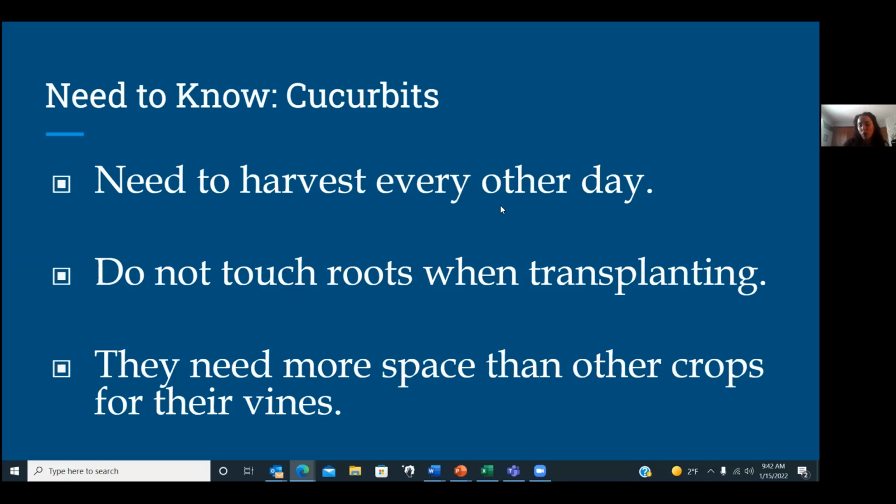So how do you know if it's going to flower? So I would say to best avoid bolting is to just harvest regularly.